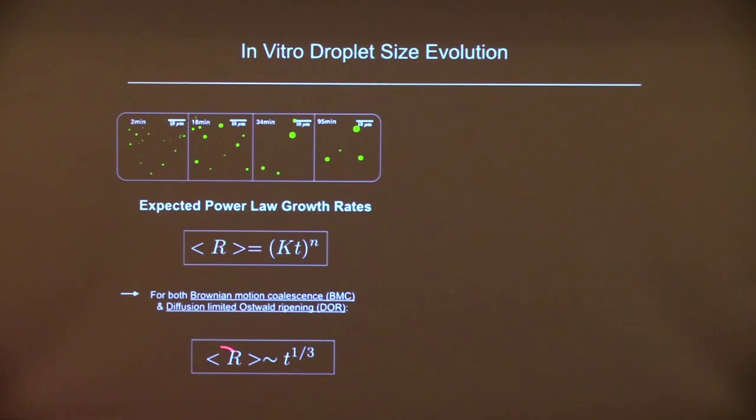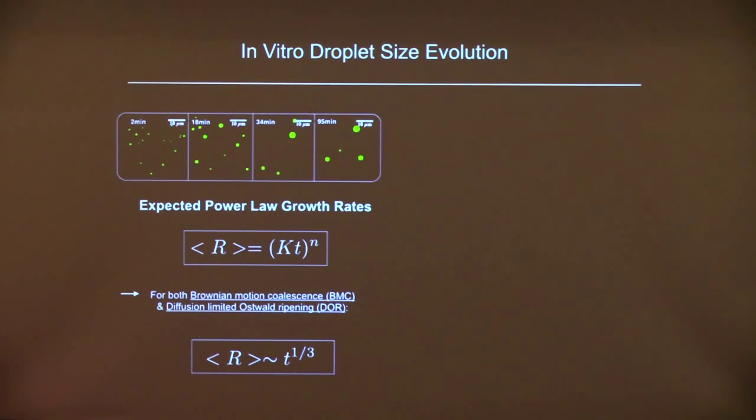Average radius of droplets, this Lifshitz-Slyozov growth law, goes like t to the 1/3, like time to the 1/3. Just a word of caution, though, you can also get this t to the 1/3 growth law through Brownian motion coalescence in the absence of Ostwald ripening. But we would expect something like this for both regimes, if there's Ostwald ripening or if there's no Ostwald ripening and there's Brownian motion coalescence.